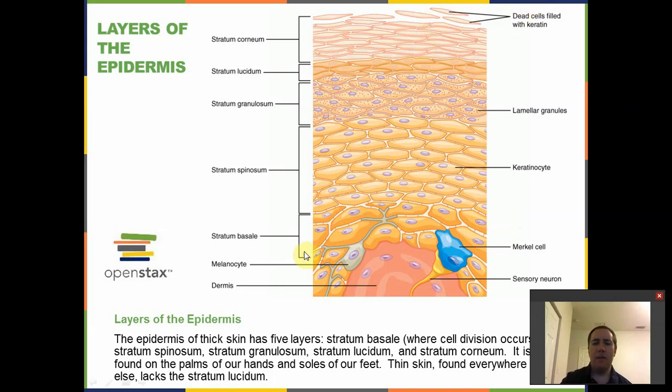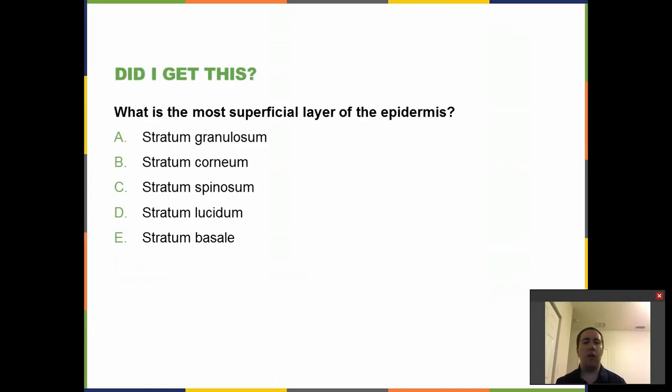We see a couple of other skin cells here, a melanocyte and a Merkel cell. They are in the stratum basale, but we'll talk more about those cells on a later slide. And we see underneath the stratum basale is the dermis, because the stratum basale is the bottommost layer of the epidermis. So here's a question for you.